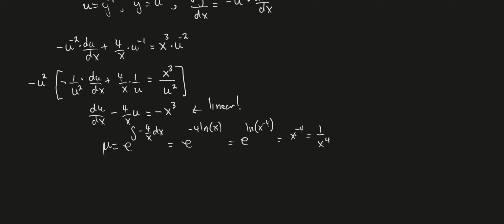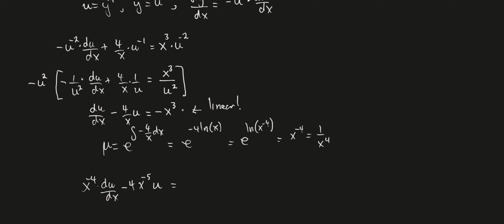Let's say we take the x to the -4th. So x to the -4th times du dx, and then minus 4 times x to the -4 divided by x, that's x to the -5, times u.